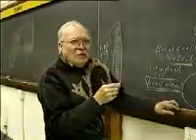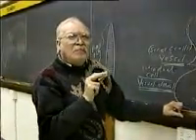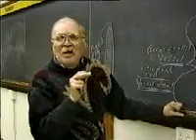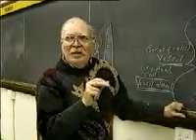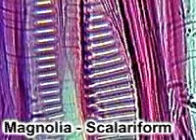And for that, we will look at the scalariform perforation element, a primitive sort, at the wood of magnolia, which of course is a modern day flowering plant that has a wood that has this primitive sort of vessel element still present in the wood.